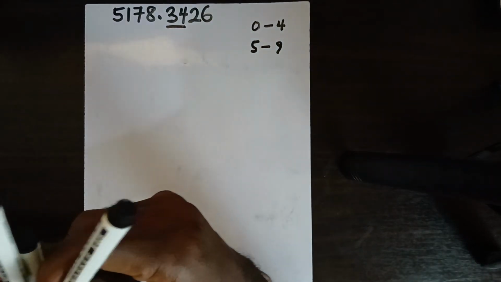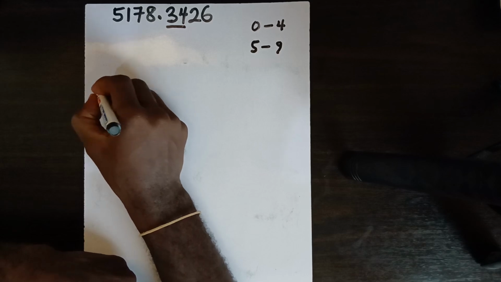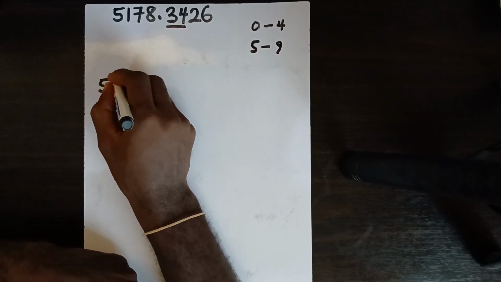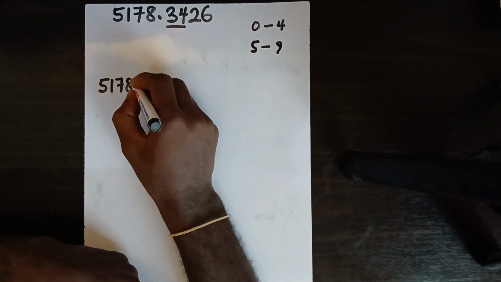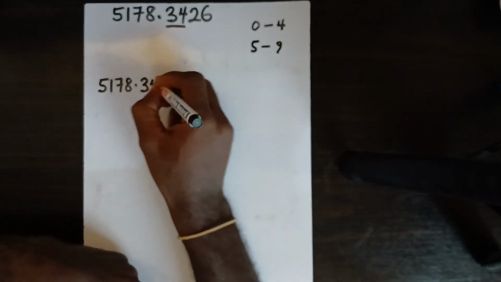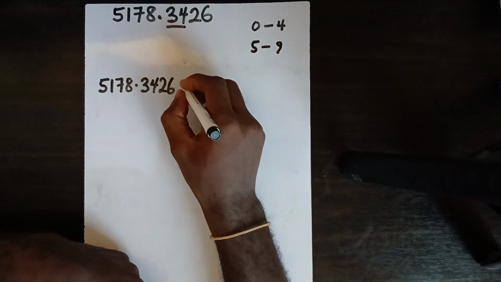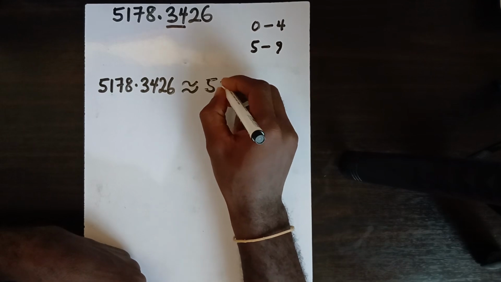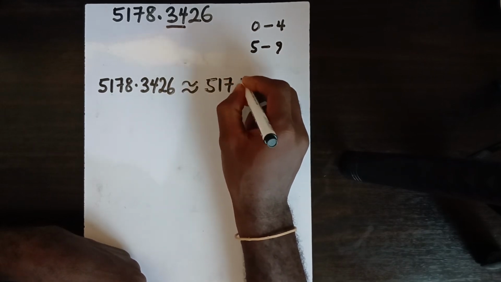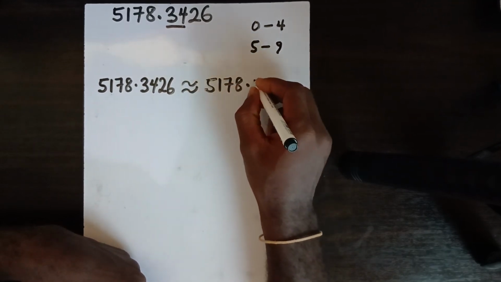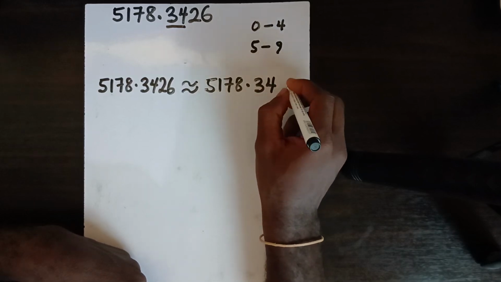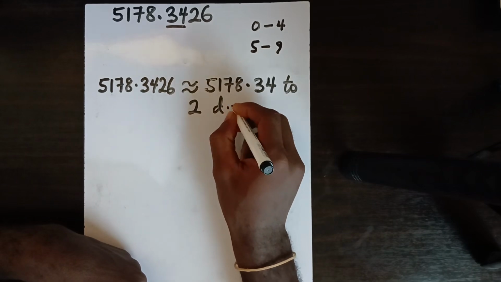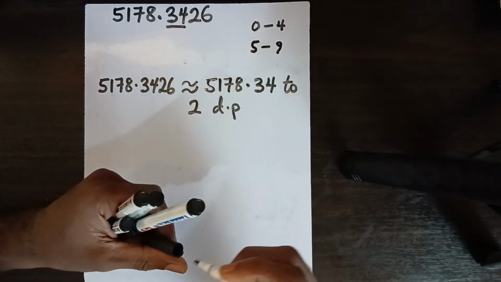So it means that 5,178.3426 is approximately 5,178.34, and this is 2 decimal places.